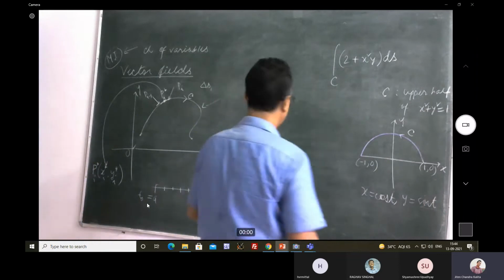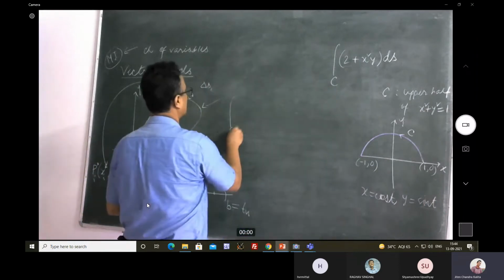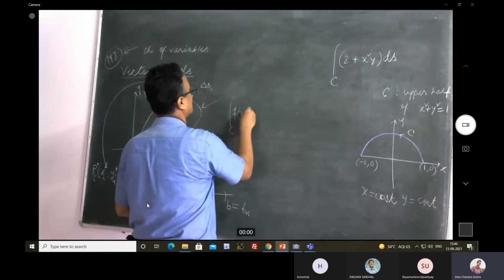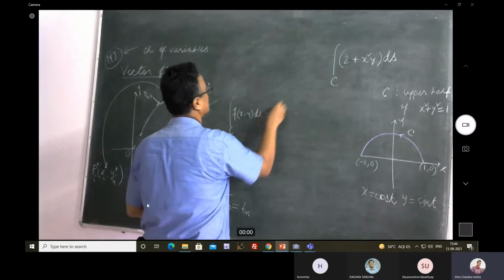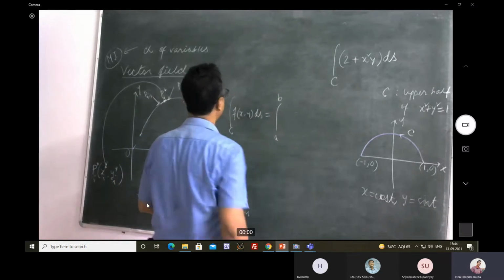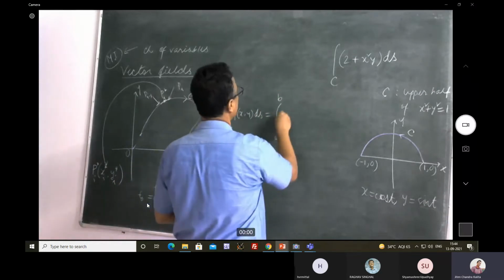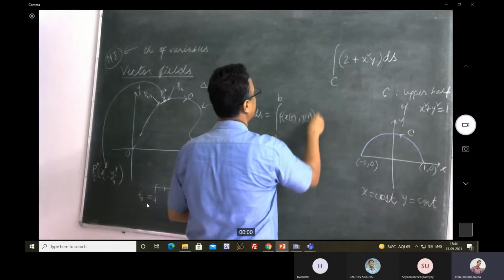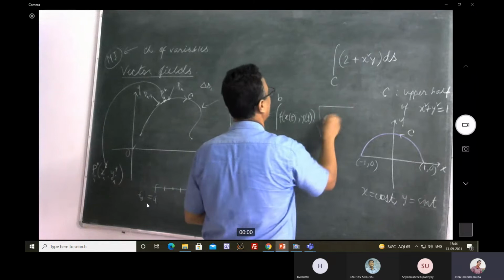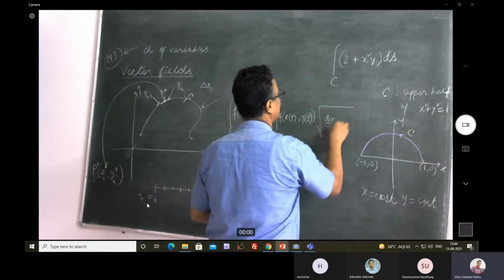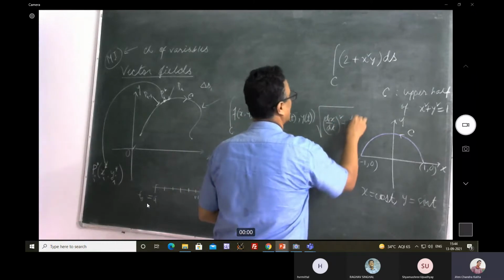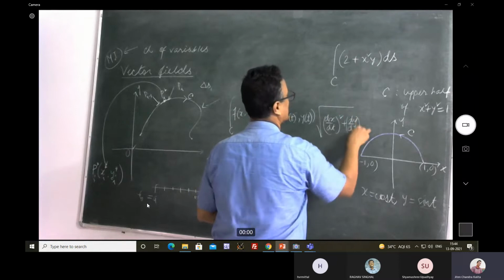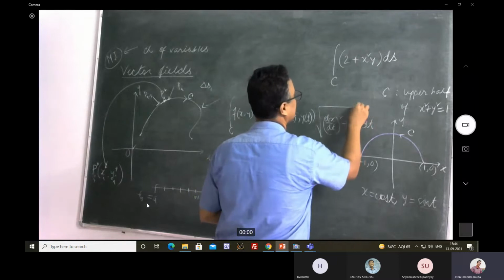And this is simply the integral from a to b of f of x(t), y(t) times the square root of (dx/dt) whole squared plus (dy/dt) whole squared, dt.